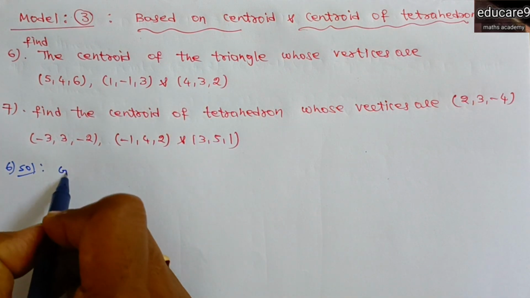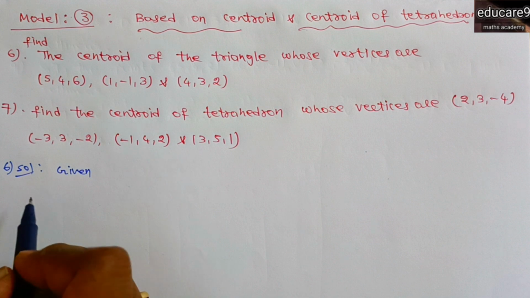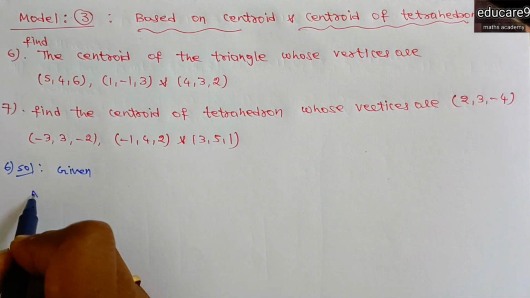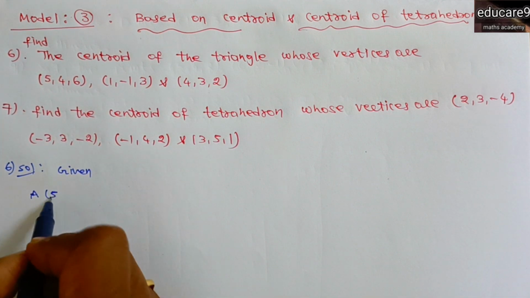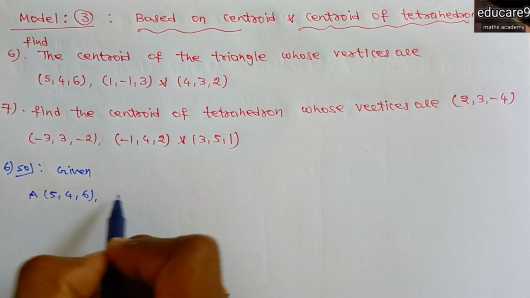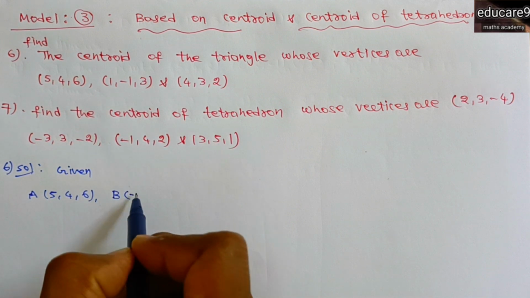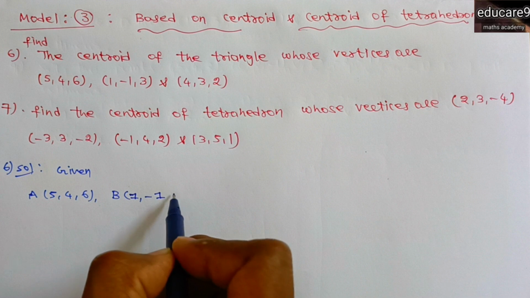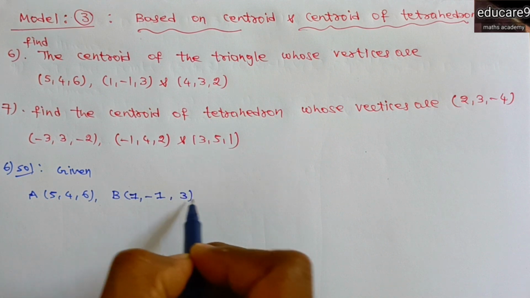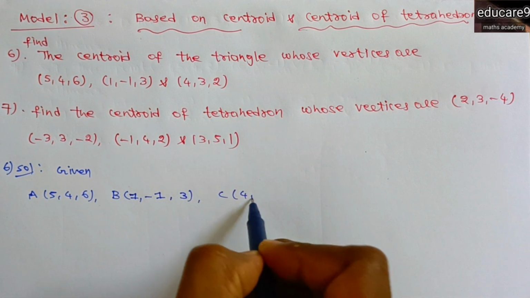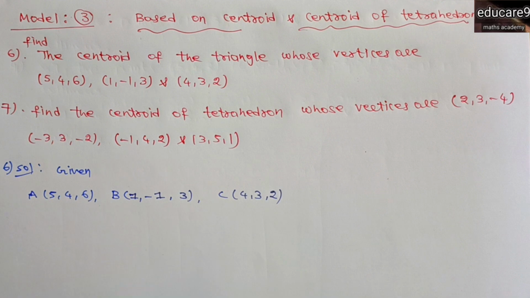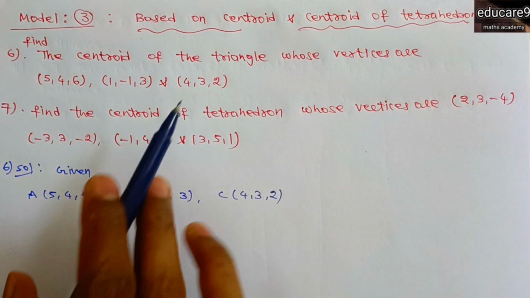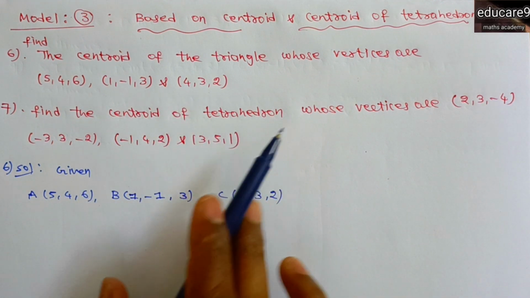See here the given points. So what are the given points? A 5, 4, 6 and B 1, minus 1, 3 and C 4, 3, 2. Here to find centroid of the triangle.